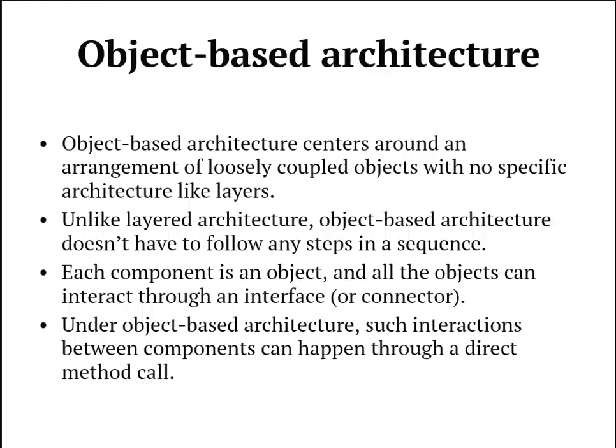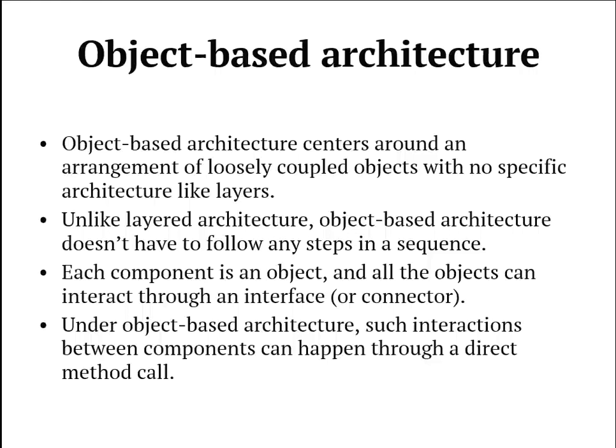Object-based architecture centers around an arrangement of loosely coupled objects with no specific structure like layers. So the arrangement of objects in object-based architectures is quite loosely coupled as compared to layers.